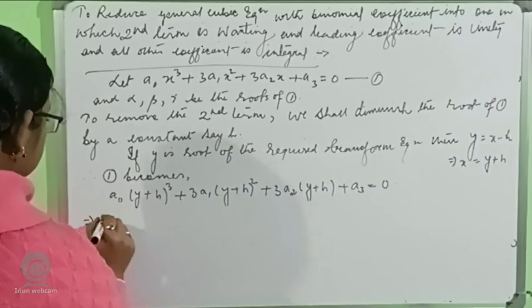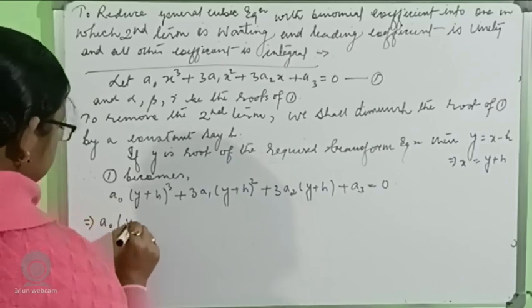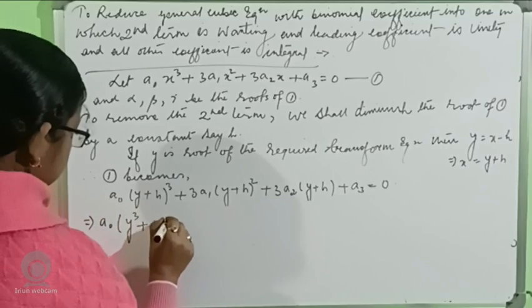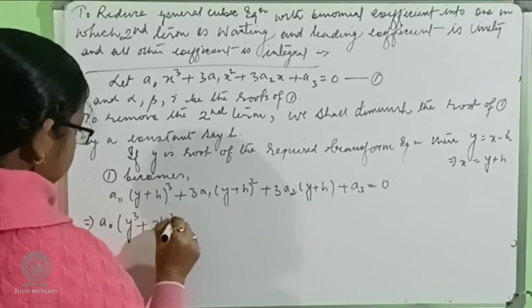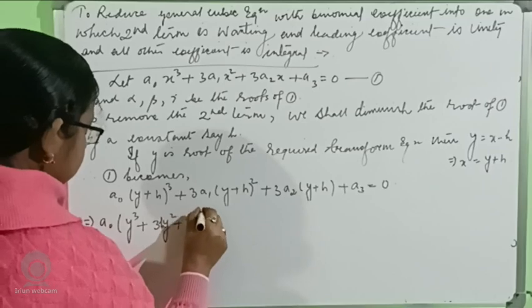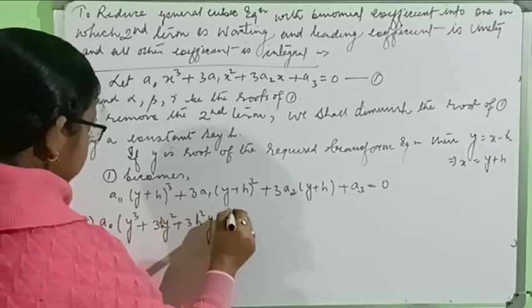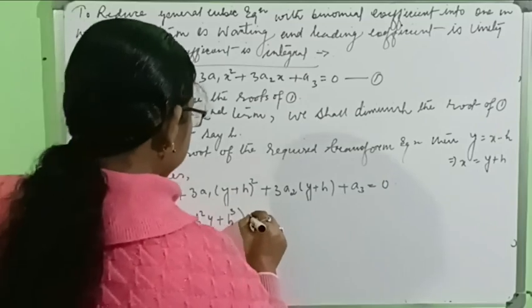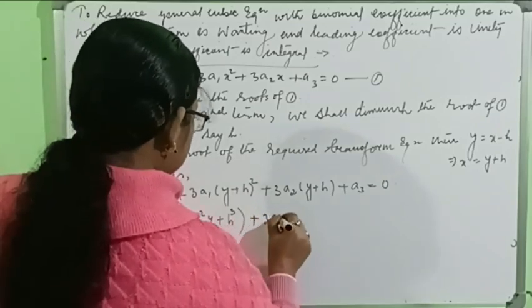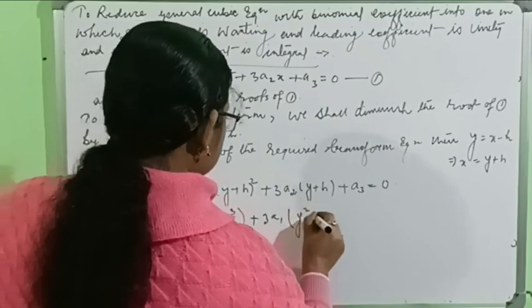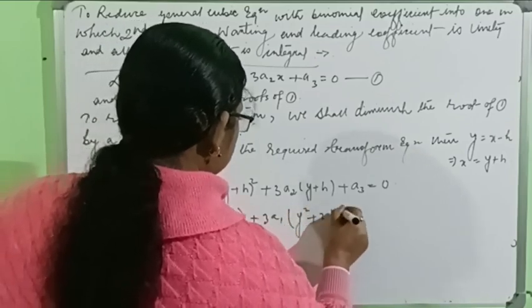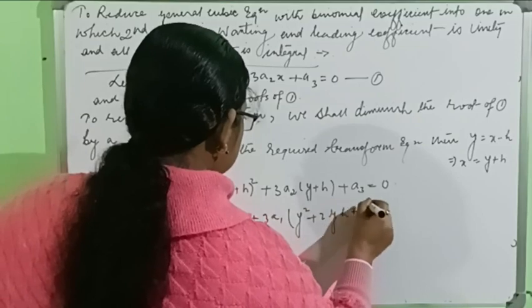So in the next step, we expand this. The cube gives y cube plus 3y square h plus 3h square y plus h cube. In the second term, it is a1 times (y square plus 2yh plus h square).